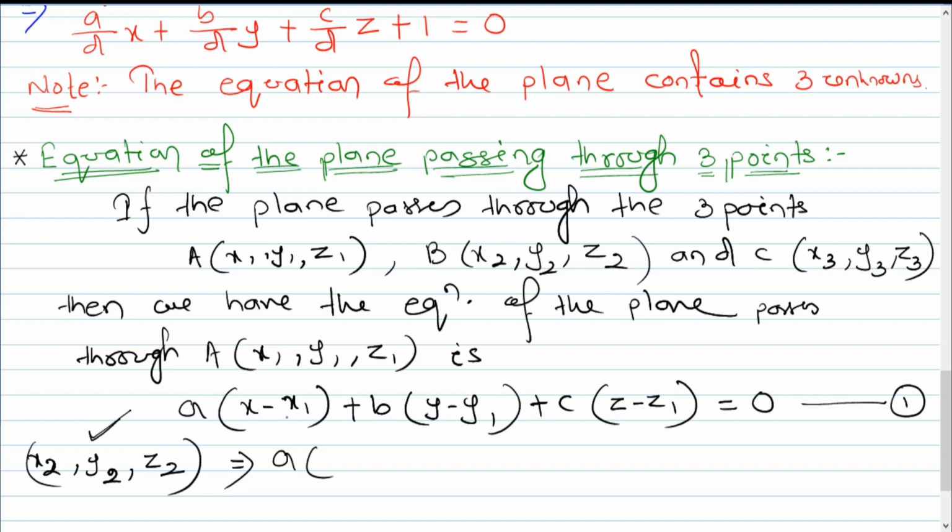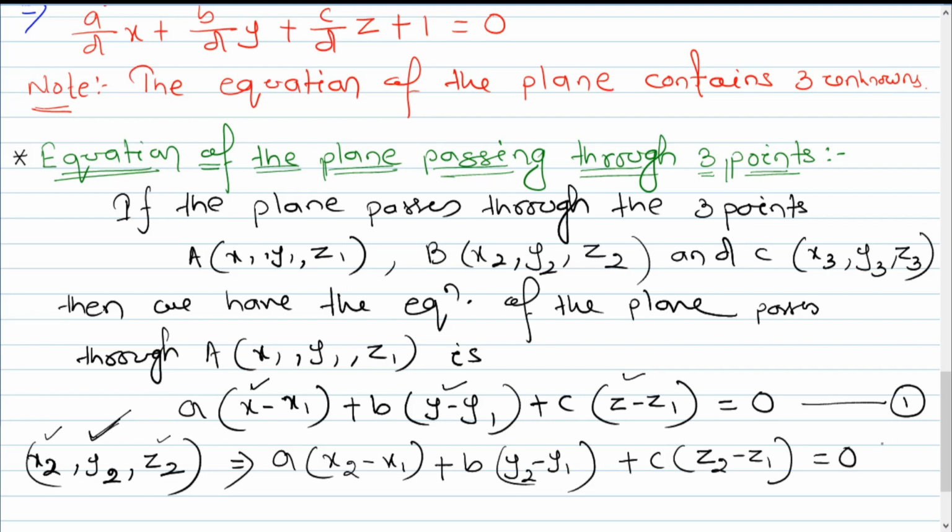That is nothing but a into x2 minus x1 plus b into y2 minus y1 plus c into z2 minus z1 is equal to 0. This is equation number 2.